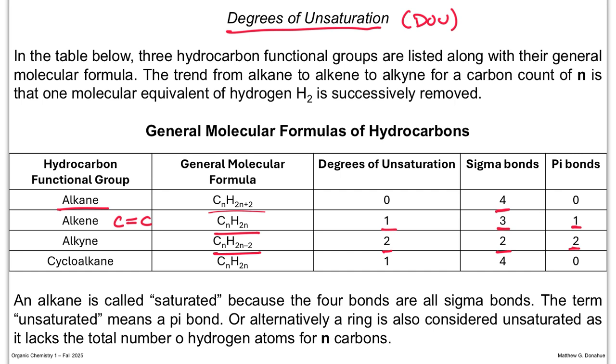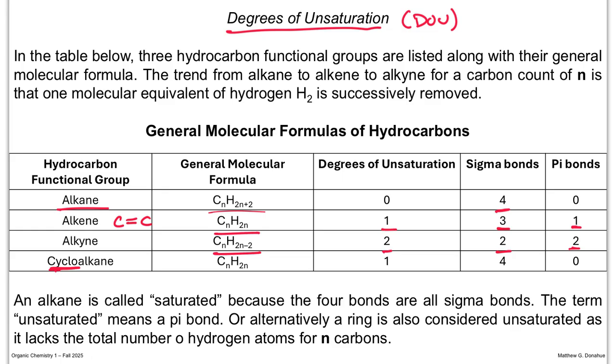The last hydrocarbon functional group I want to introduce related to a degree of unsaturation that's not a pi bond is a ring. So whenever you see the word cyclo, that means there's a ring. And a ring is equivalent to a degree of unsaturation because you have to remove H2 from the molecule.